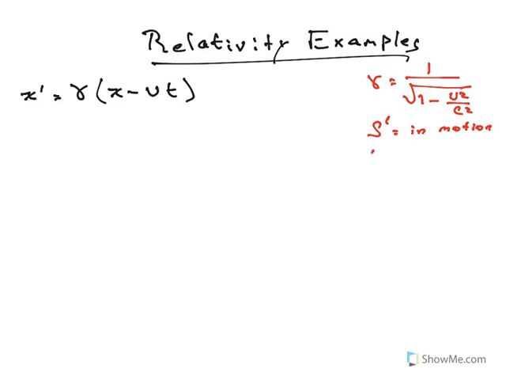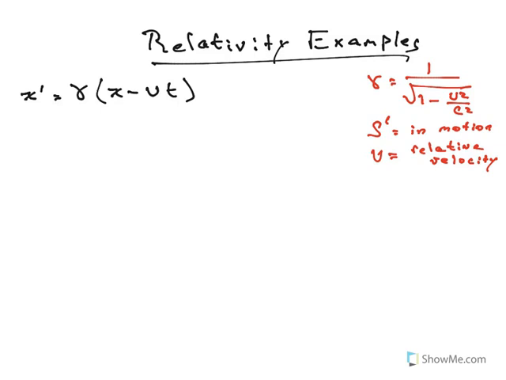Okay. u is the relative velocity between the observers. So if you think about something like you're standing on Earth, looking out into the sky, and a satellite moves past the Earth with a certain speed. Well, you would assume you're the stationary person, so you would get unprimed coordinates, and the satellite would get the primed coordinates.